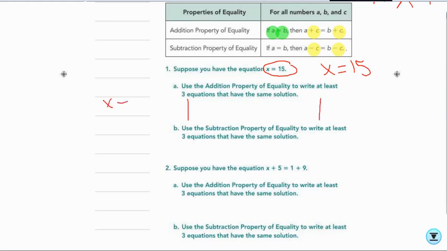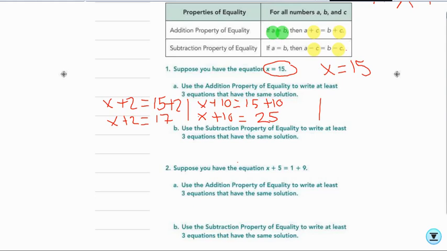We'll say that equation 1 is x plus 2 will be equal to 15 plus 2. And these are the same. And this would be the same as writing x plus 2 is equal to 17. My second equation, I could write something like x plus 10 is equal to 15 plus 10. And this would be the same thing as writing x plus 10 is equal to 25.